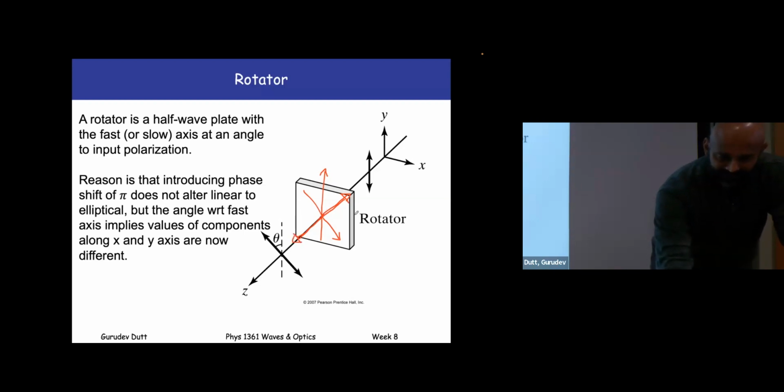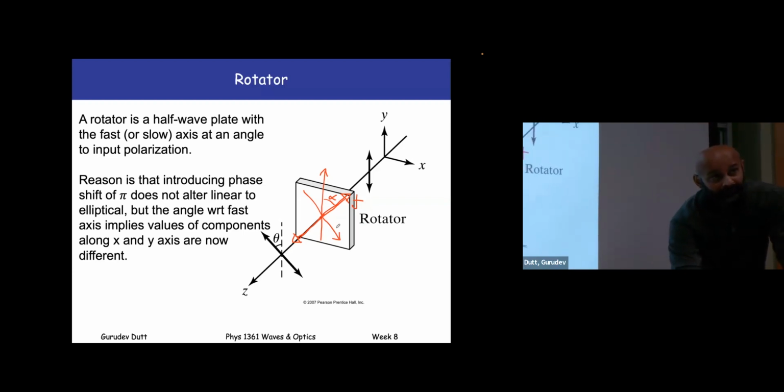So this is the fast axis, F. If this angle is alpha, then I'm saying that the component along this axis flips, right? From being positive to being negative.